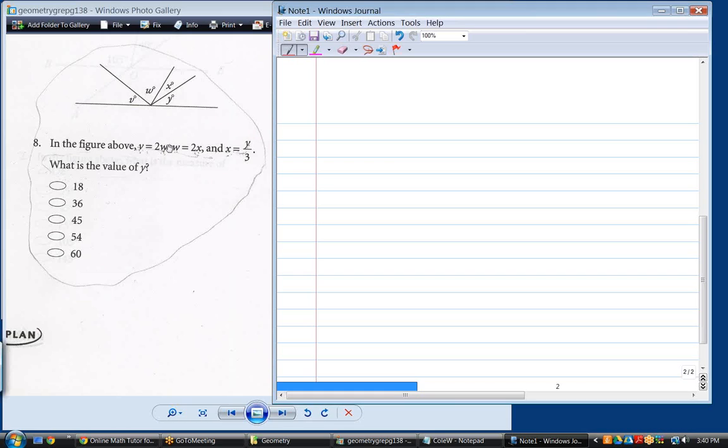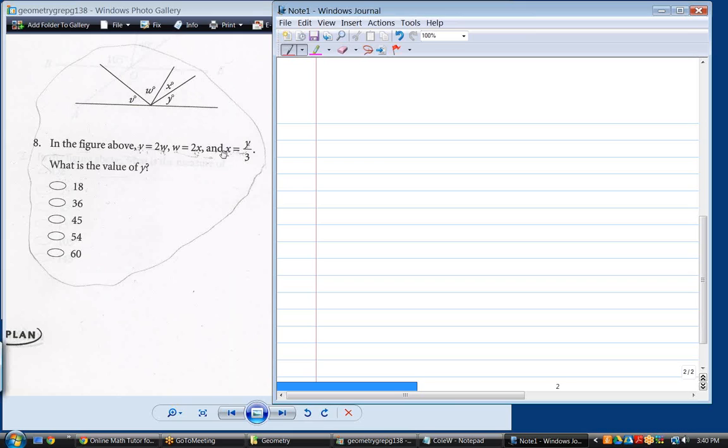Okay. Boy, it sure doesn't look like it, does it? In fact, it looks like V is smaller than W. So the first thing we know is that we can't really use the picture. We have to use math here. W is equal to 2x. That looks right. And x is equal to y over 3.